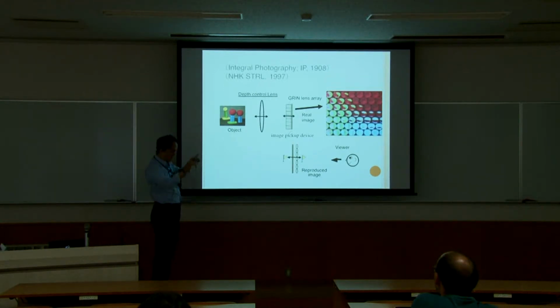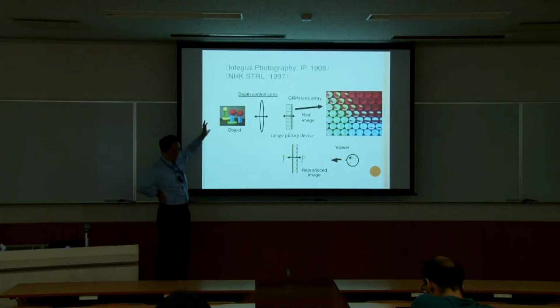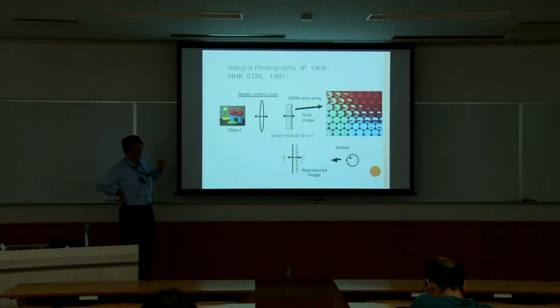They have very high density display panels and cameras, and they used this for 3D image capturing and display. The object is captured by a lens array. The lens array image is like this, and the viewer can see a 3D image. The principle is completely the same as the 1908 integral photography.